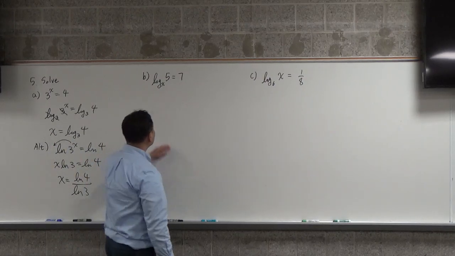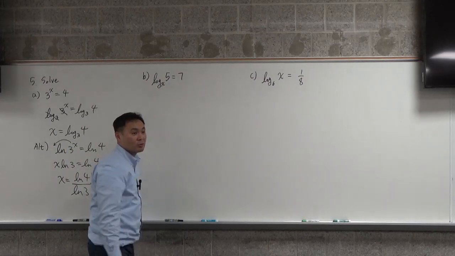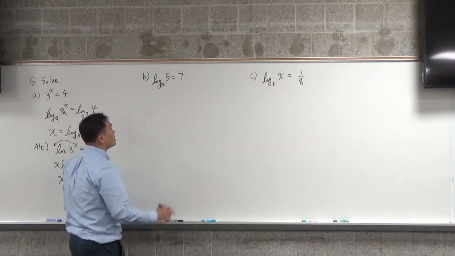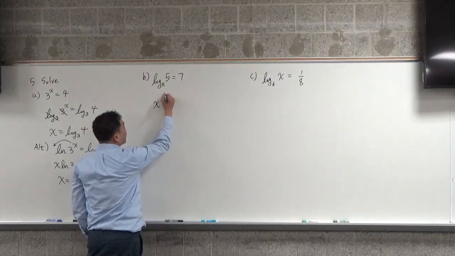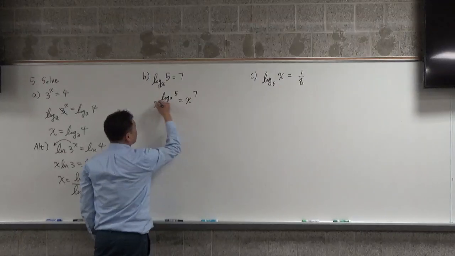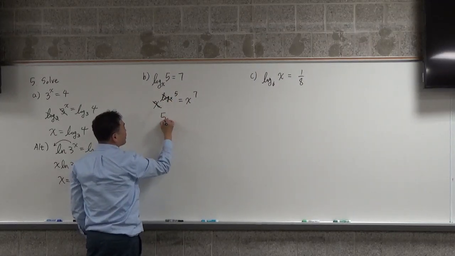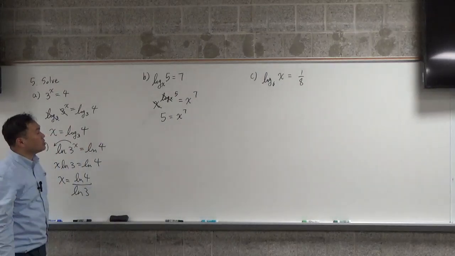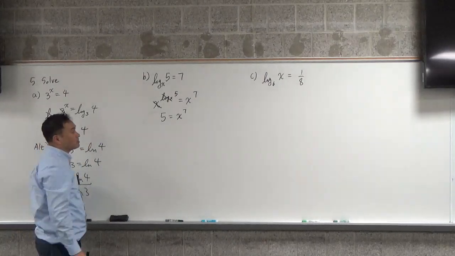All right. For this one, what should we do? You first have to get rid of x. How do you do that? Put it over x, right? They cancel, and you get 5 equals to x to the 7th power. How do you solve this?